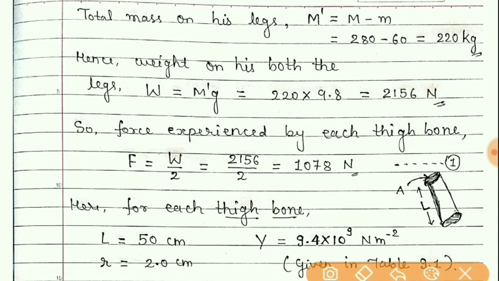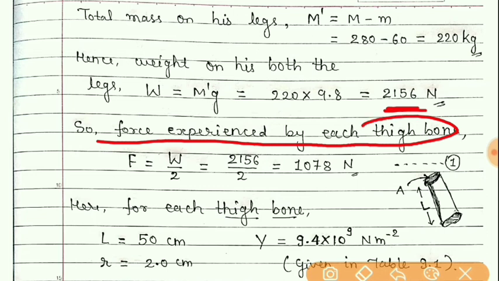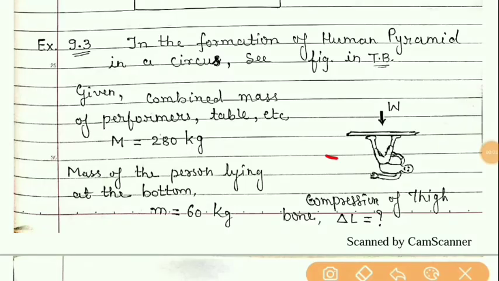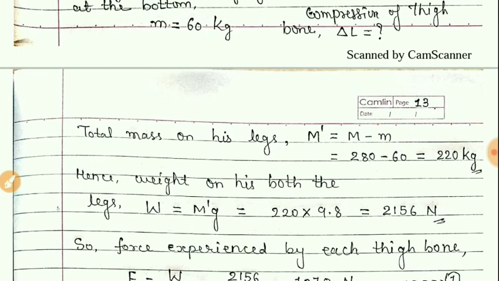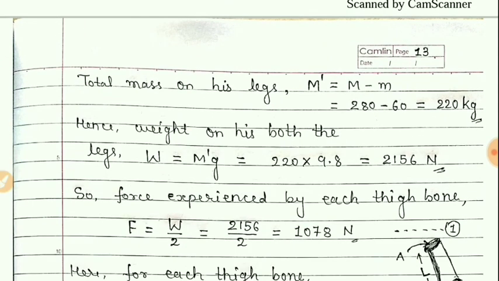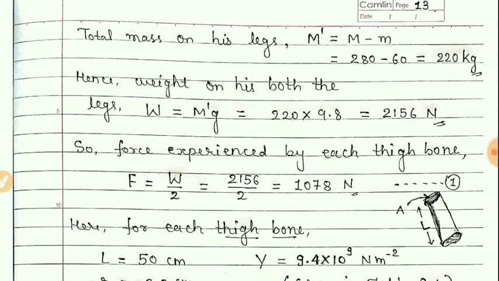Now if this is the total weight on both the legs, we need the force experienced by each thigh bone, because this weight will be on the bones of this person, and this thigh bone is known as the femur. So this thigh bone will experience the force, and due to that there will be a stress as well as strain produced in the bones.